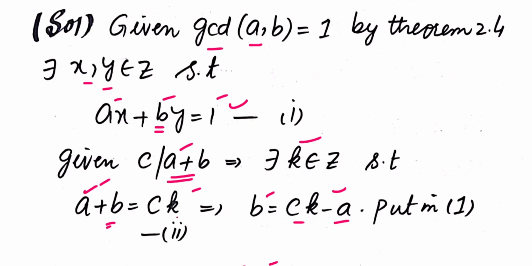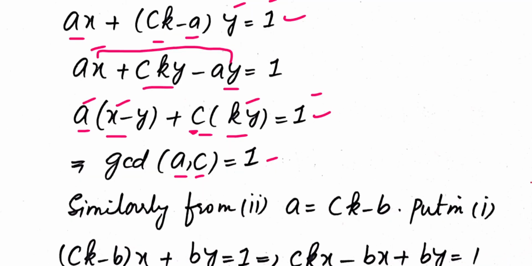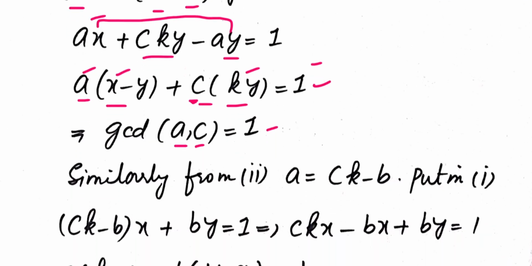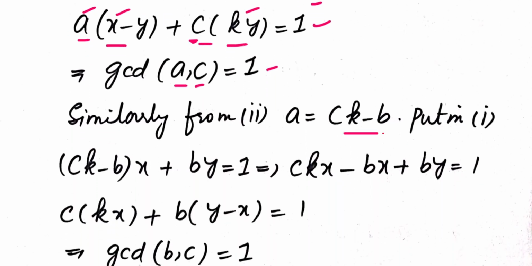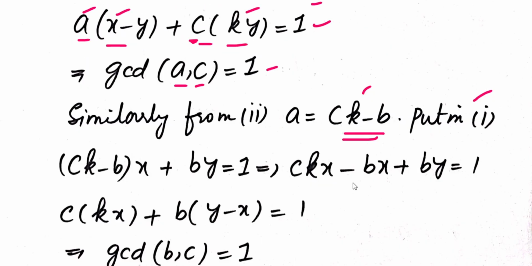So from 2, when we eliminate A, we get A is equal to Ck minus B. Now substituting this value of A in 1. What is 1? 1 is Ax plus By is equal to 1. So substituting the value of A here, this becomes (Ck minus B) into x plus B into y is equal to 1.